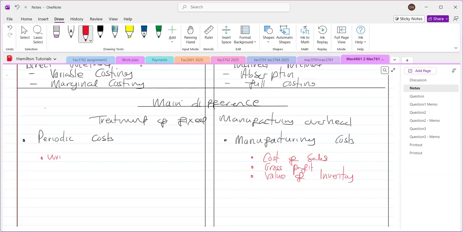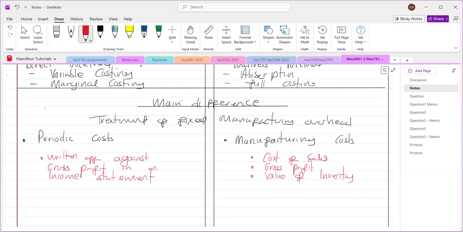This is written off against gross profit in the income statement. So this talks about the placement of the fixed manufacturing overhead cost in our income statement.